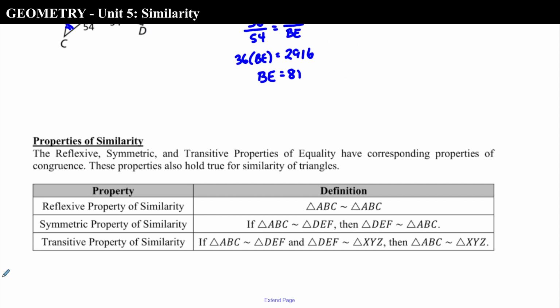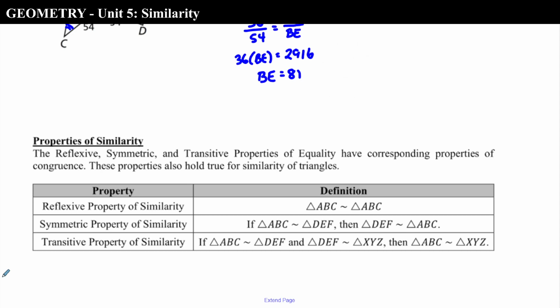And the reflexive property of similarity, triangle ABC is similar to itself, because if two triangles are congruent, then by default they're also similar. Okay, so all congruent triangles are similar, but not all similar triangles are congruent. The symmetric property of similarity states that if triangle ABC is similar to DEF, then triangle DEF is similar to ABC. You can go both ways with it.